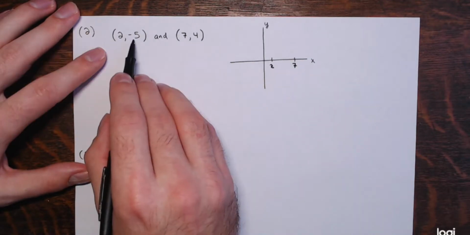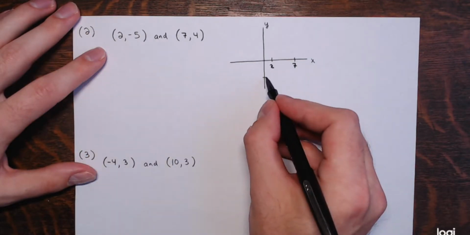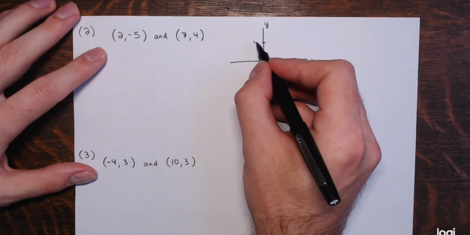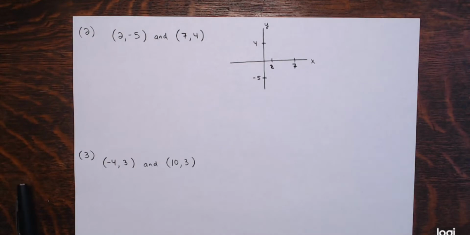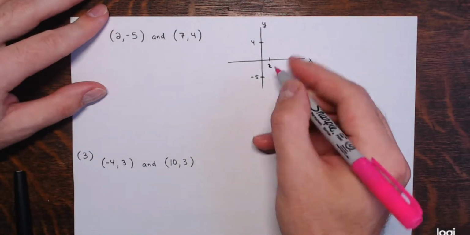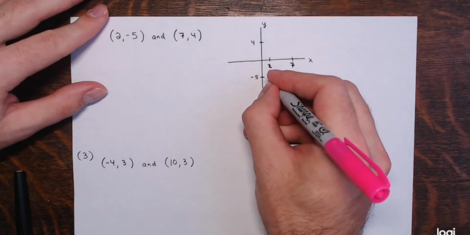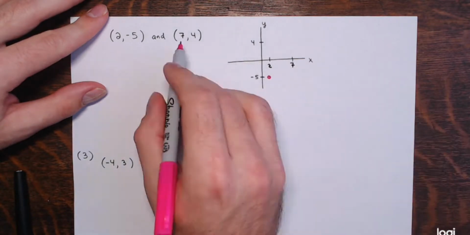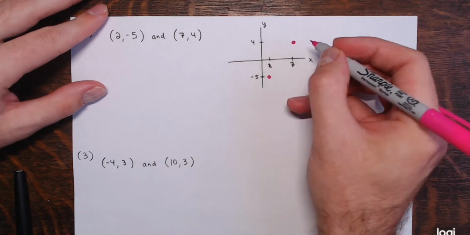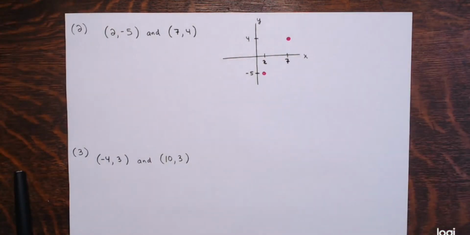Then -5 and +4, -5 on the y-axis would be below the origin, and +4 would be above the origin. And then I'll plot these points, 2, -5, 2 on the x, -5 on the y, that's this point here. And then 7, 4, 7 on the x, 4 on the y, that's this point here. And we're trying to find this distance, right?